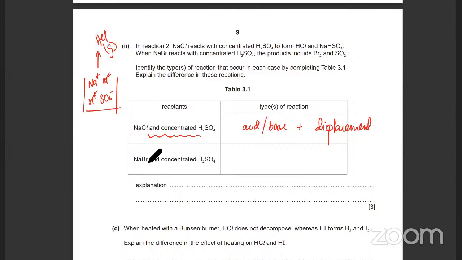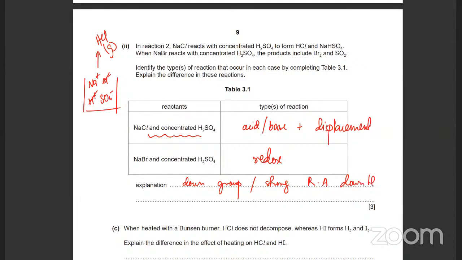But when you move down the group, what happens? Br-1 likes to lose electrons. So Br-1 turns into Br2, and the sulfur gets reduced to sulfur dioxide. So it's obviously a redox reaction. And why does this happen? Because down the group, the halides become stronger reducing agents.